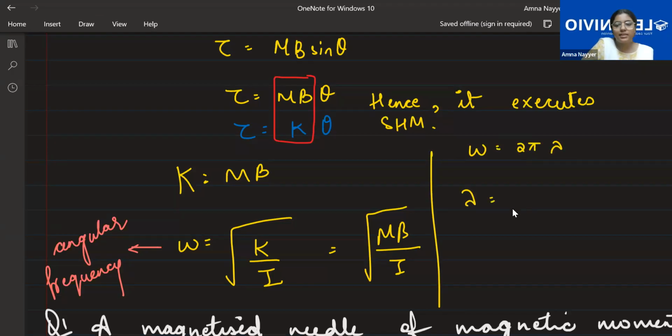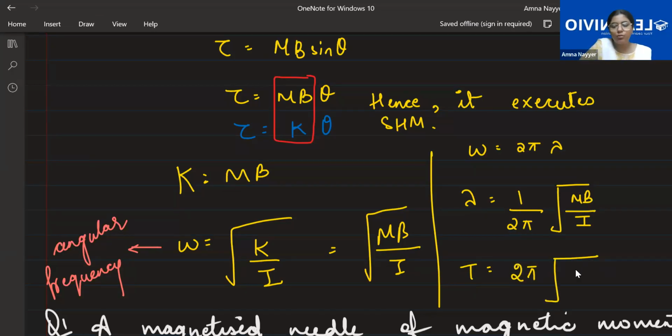The frequency is 1 over 2 pi under root MB divided by I. That's why I marked this question important. This is not just a question of magnetics; this can come as a derivation also. And the time period is just the reciprocal of frequency, so that becomes 2 pi under root I by MB.